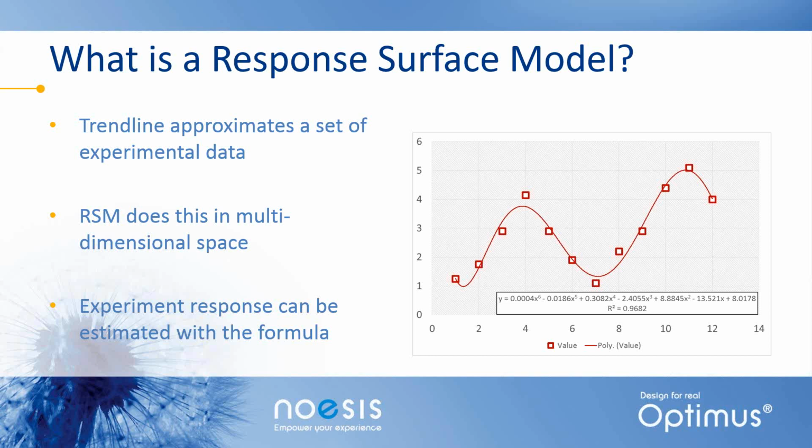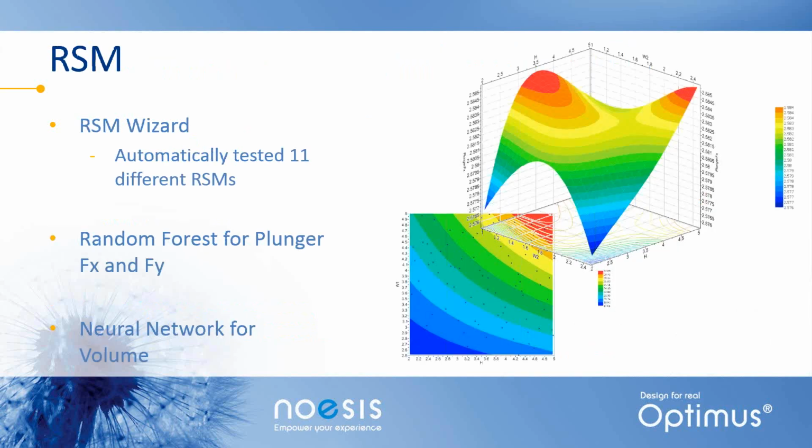And where the add trendline can only do one type of mathematical approximation, Optimus gives the user, in multi-dimensional space, of course, many different mathematical tools to approximate the design space. Approximate the response surface. In fact, Optimus has a wizard inside of it which actually automatically tests 11 different types of response surface models and attempts to minimize the error that's found in those models.